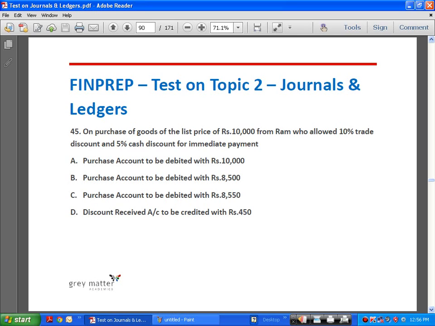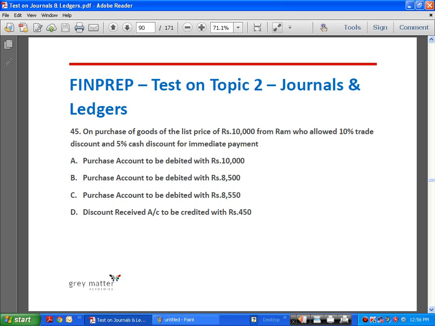See, 10,000 rupees is the list price, minus 1,000 rupees is 9,000 rupees. That is the purchase price. So you have to debit your purchases account with 9,000 rupees. And it is not a credit purchase because he is immediately settling the purchase for cash, which gives him an additional 5% discount.